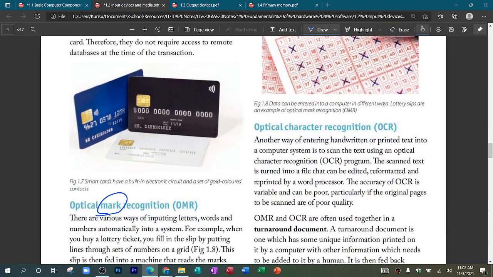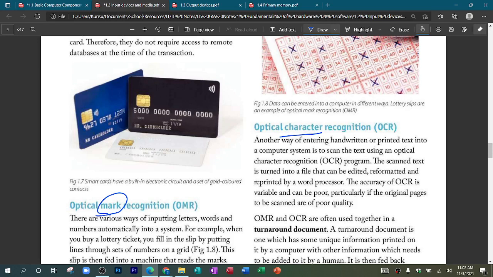Optical character recognition, OCR. This is going to be looking for characters. So when you write something or when you type a document and you don't have the original, you could scan it and it's going to transfer all of that data into software so that you can edit the information.